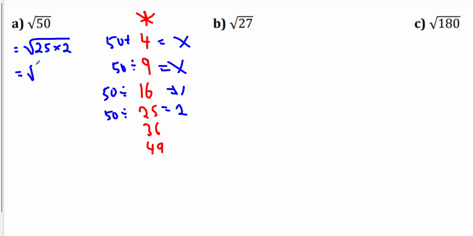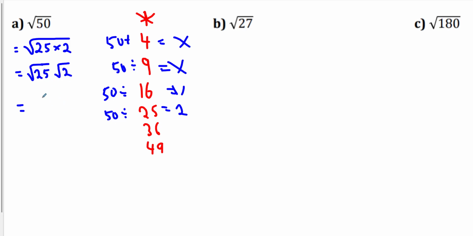Now I can split this into its individual radicals. So square root 25 times square root 2 can also be written like this. And the reason why I write it like this is because I can simplify half of this equation.